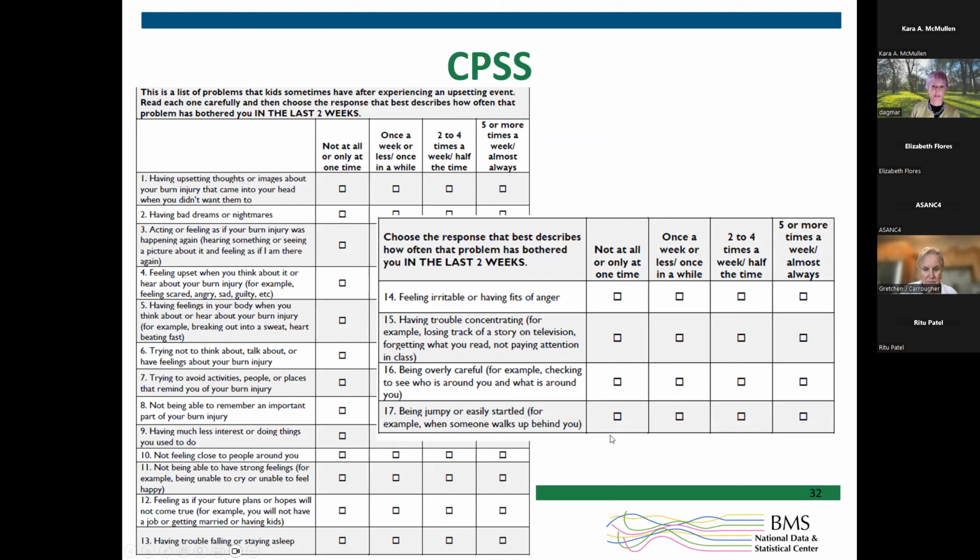So here are some examples of the items. The time frame is the last 2 weeks, and it asks about frequency of experiencing symptoms such as feeling irritable or having fits of anger, having trouble concentrating, being too careful or vigilant, being jumpy or easily startled.